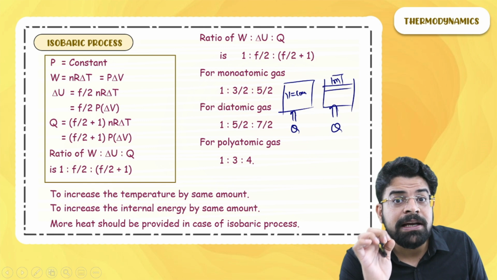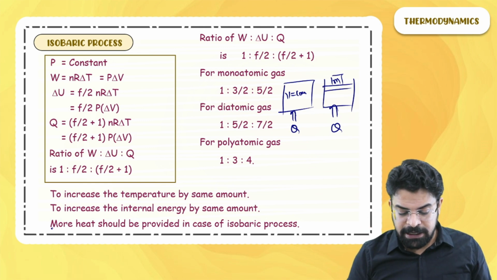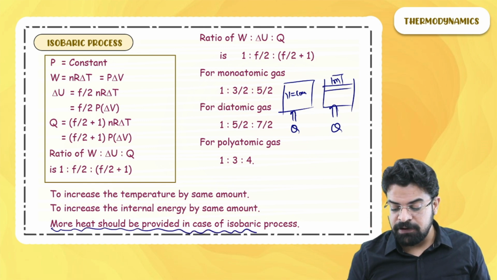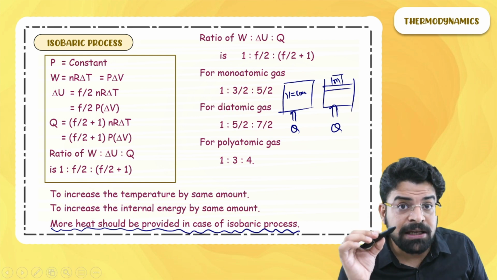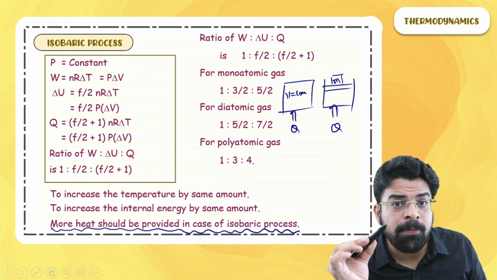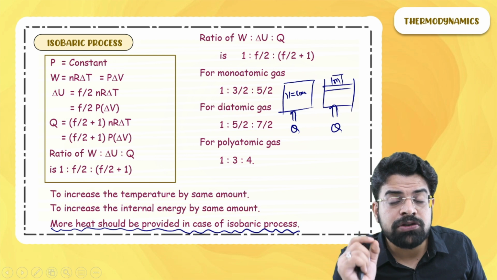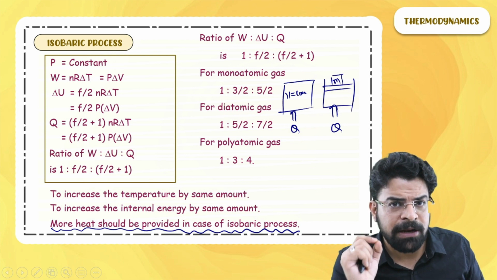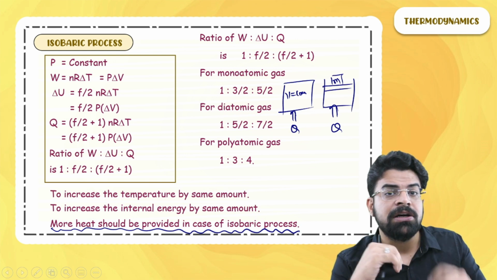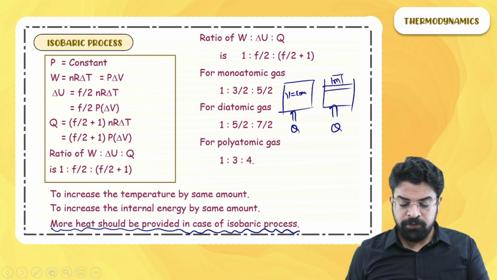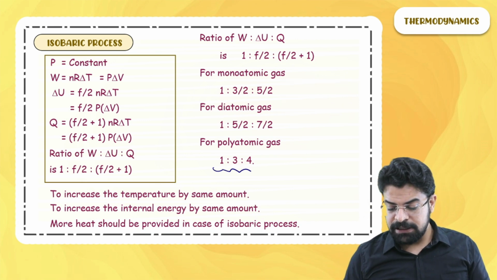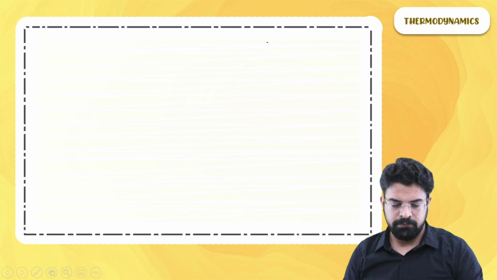That's why more heat has to be provided. So remember that more heat should be provided in case of an isobaric process to increase the internal energy by the same amount, because some part of the heat supplied is utilized in doing work on the surroundings. So before we move on, let's practice some questions based on this.